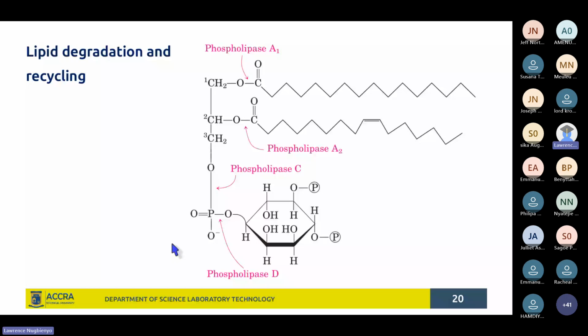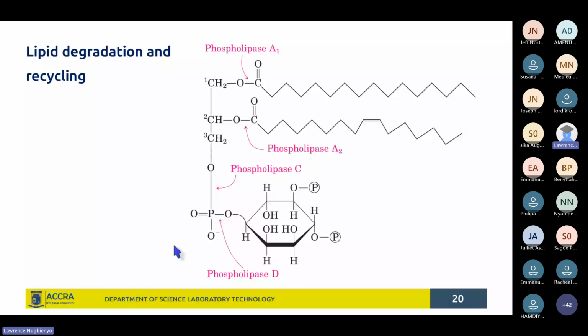We did talk about the fact that the membrane is dynamic. It's not static. And also in the sense that you have these lipids undergo recycling.